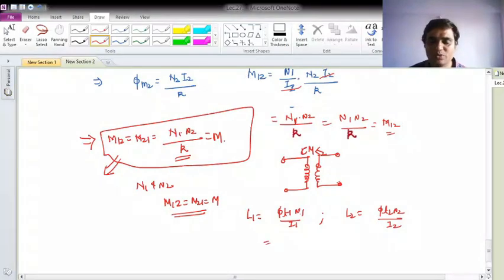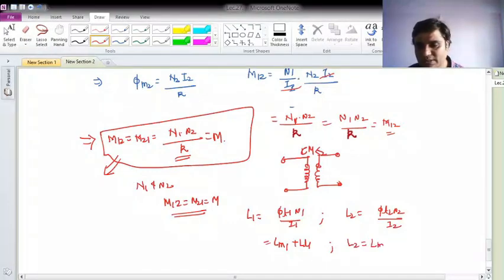Phi1 again you can write as the mutual flux plus leakage flux, and that L1 can be written as the magnetizing inductance plus the leakage inductance. Similarly for coil 2, L2 is magnetizing inductance plus leakage inductance. Okay, and again to note that Lm1 will be very much greater than the leakage inductance.